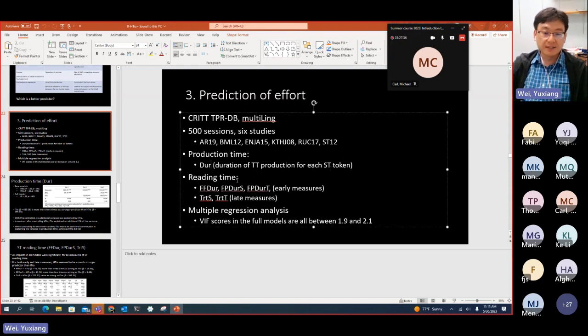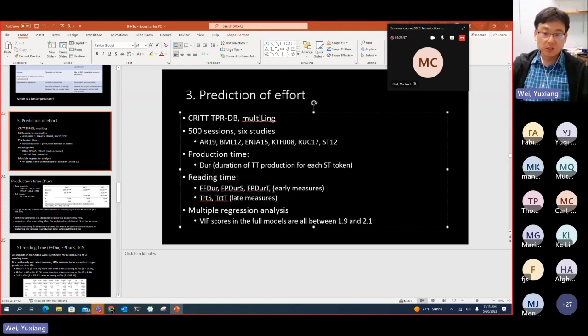Reading time has different measures. We have early measures, including first fixation duration, first pass duration, and so forth. Right? First fixation duration is the time interval between the first fixation on this word and the first time the eyes leave this word.